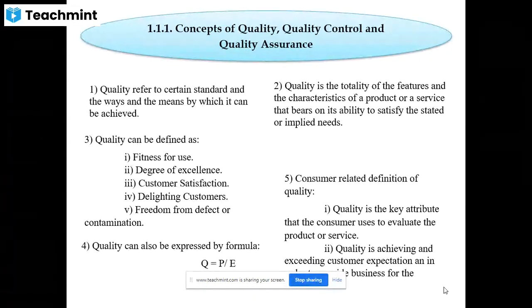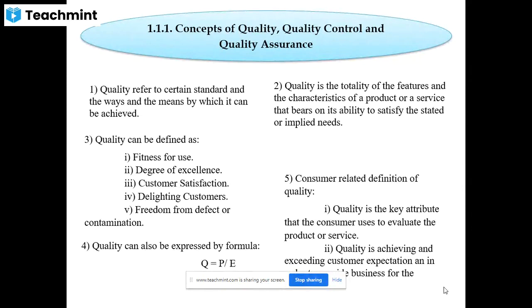As far as analytical chemistry is concerned, quality can be defined as the totality of the features and the characteristics of the product or service that bears on its ability to satisfy the stated or implied needs.